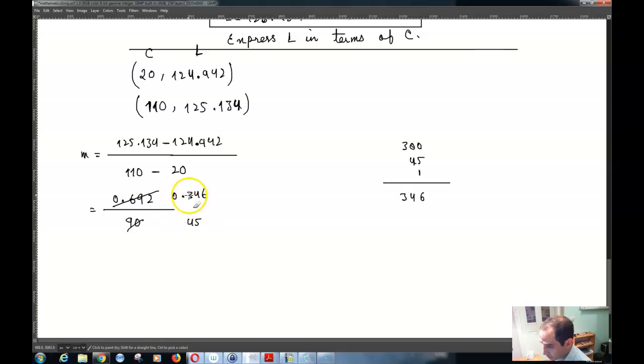Now 45 is divisible by 3, 5 and 9, but 346 is not divisible by 3 or 5.